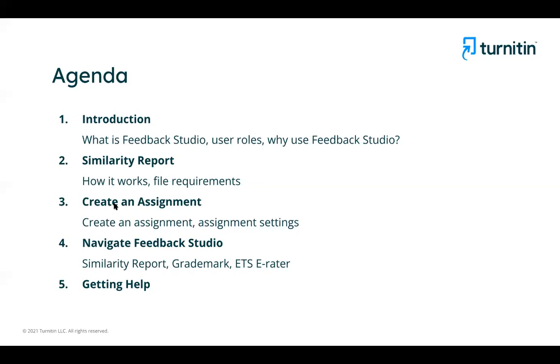Another one is the creation of an assignment within your Canvas access. I will be showing you how to create an assignment and how you'll be able to adjust your assignment settings. We will also navigate the Feedback Studio environment as I show you how to interpret a similarity report and make use of GradeMark, as well as the ETS e-rater. To wrap up, we will have the Getting Help guides.